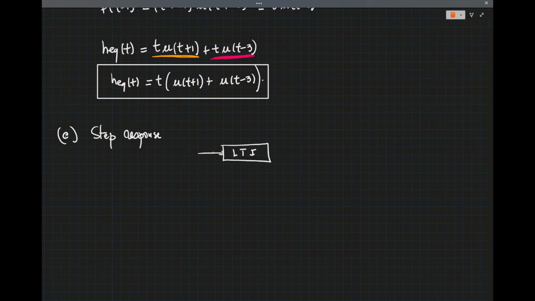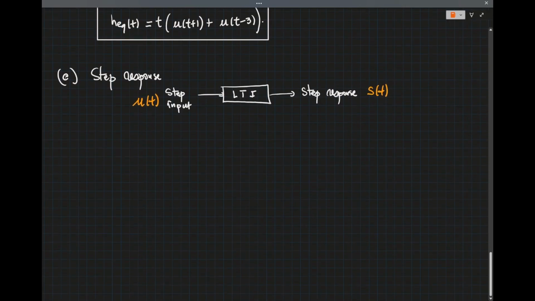When we apply a step input, which is u, we get a step response, the response of the system, which we call x of t.